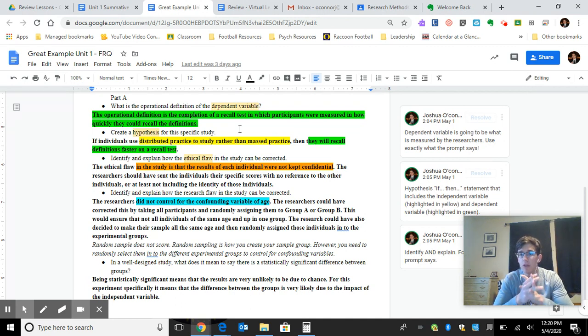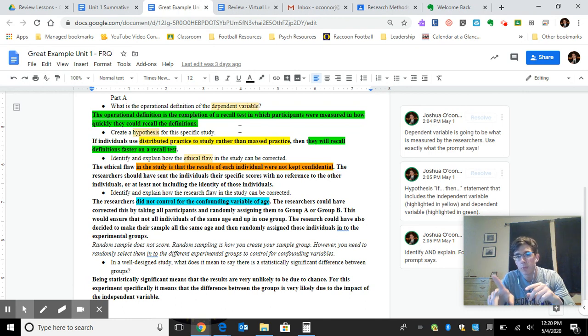Issues we had with this were some of you didn't define test scores good enough, or some of you identified the different study methods as the dependent variable. But the study methods are the independent variable. Independent variable is what we believe is going to cause a change or have an effect on the dependent variable.